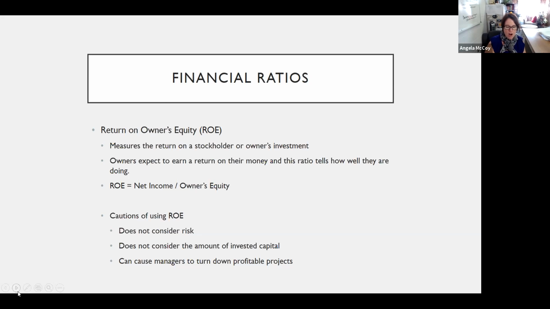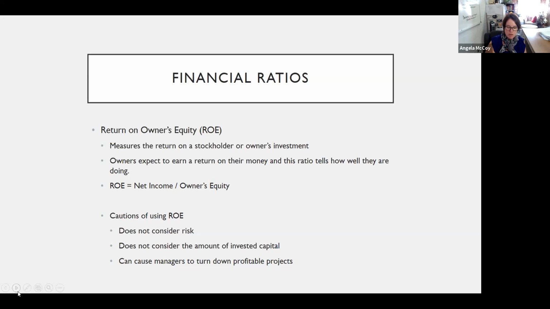And third, ROE can cause managers to turn down profitable projects. For example, suppose you manage a division of a large firm and the firm determines bonuses solely on the basis of ROE. You project that your division's ROE for the year will be an impressive 45%.